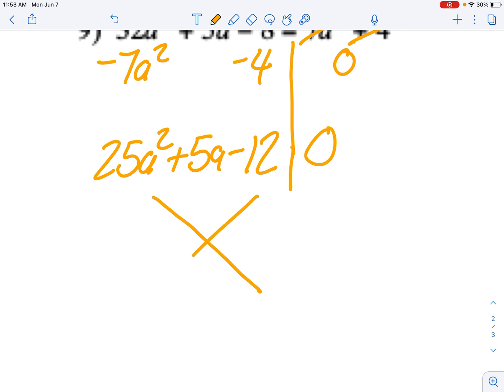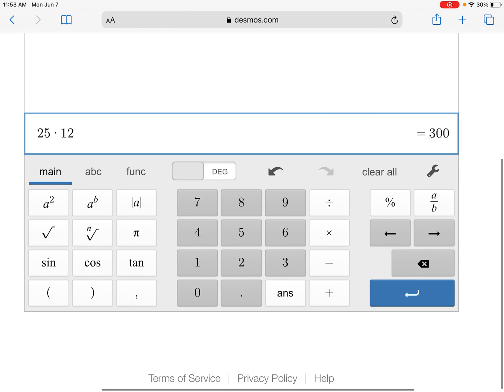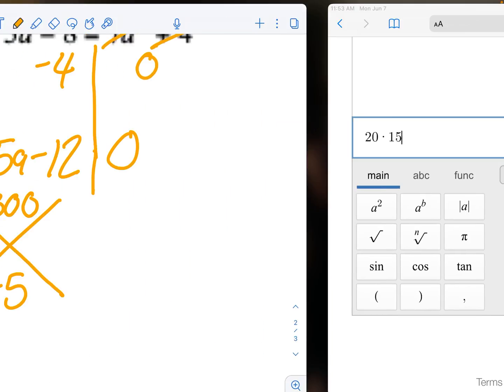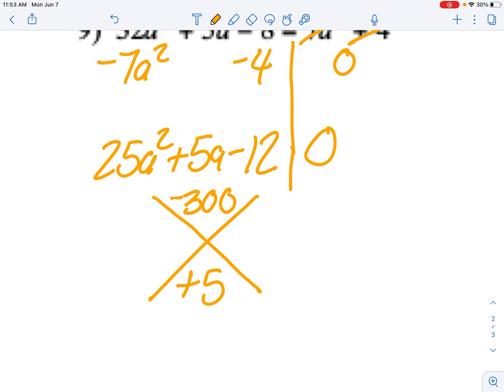Okay, so my x method, I'm going to have negative 300 here and a positive 5 here. So two numbers that multiply to give us 300 and subtract to give us 5. Oh, I know what it is. 20 times 15. 20 times 15 is 300. 20 minus 15 is 5.